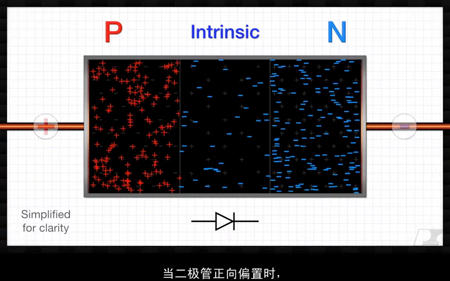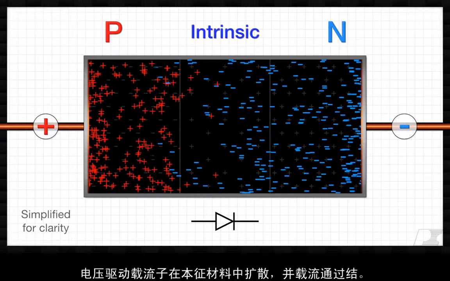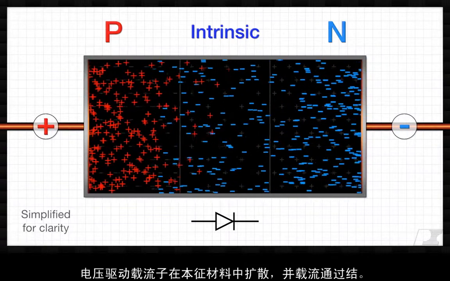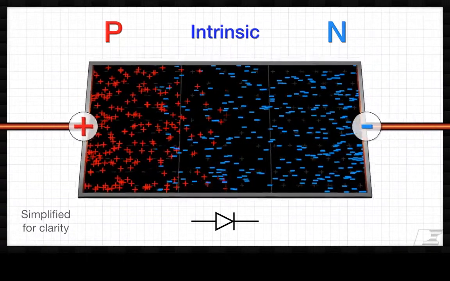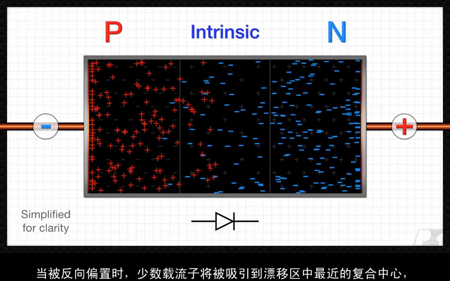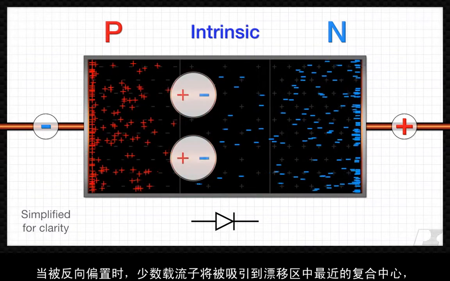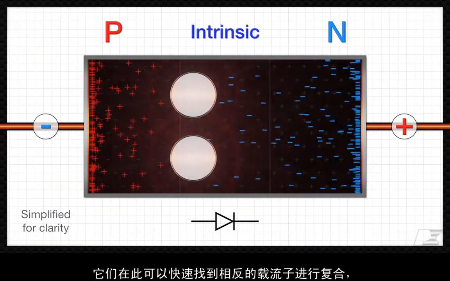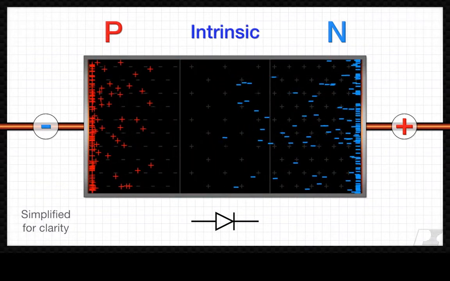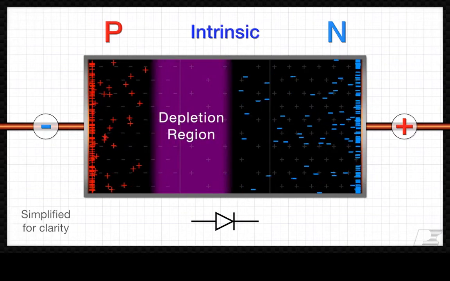When the diode is forward biased, the voltage drives carriers to diffuse through the intrinsic material and carry current through the junction. When it's reverse biased, minority carriers are attracted to the nearest recombination center in the drift region, where they can quickly find an opposite carrier to recombine with, creating a much faster recovery.